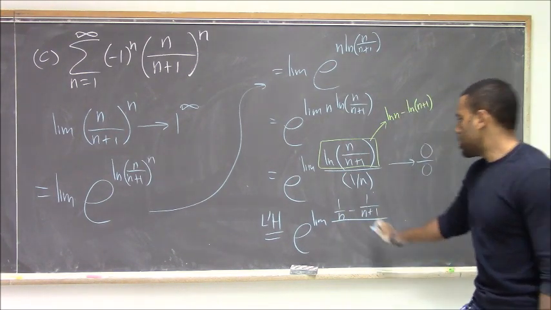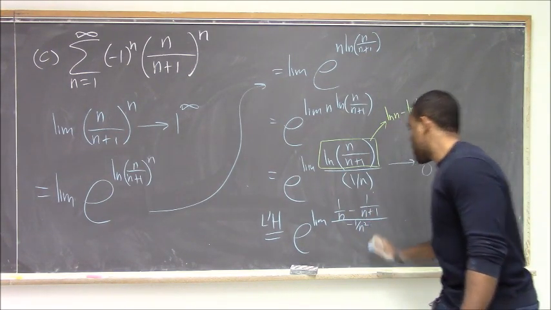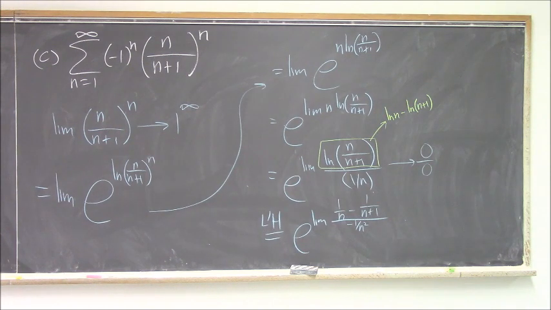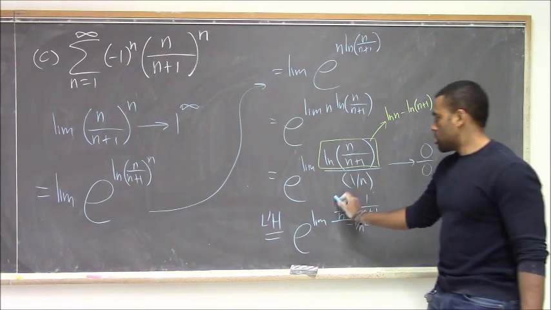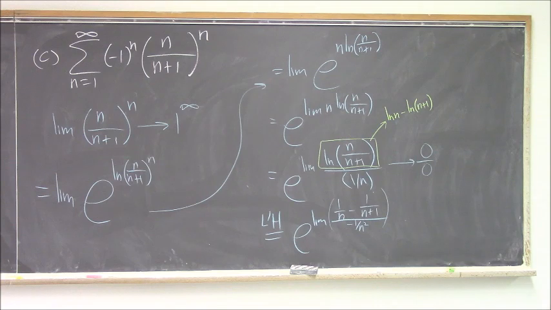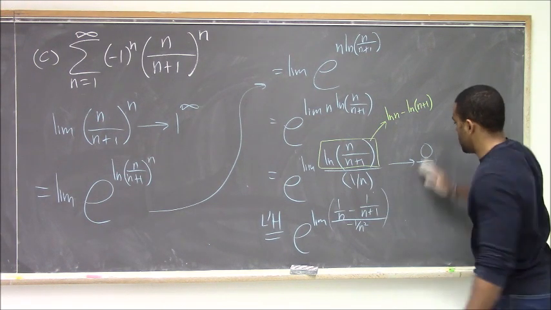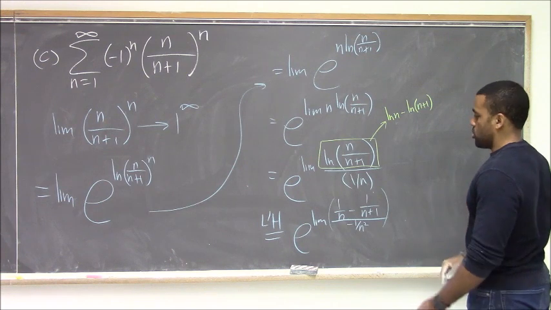The derivative of the bottom is minus 1 over n squared. So now I want to know what that is going to approach. And probably the best thing to do here is to simplify this. Let's simplify before moving on.